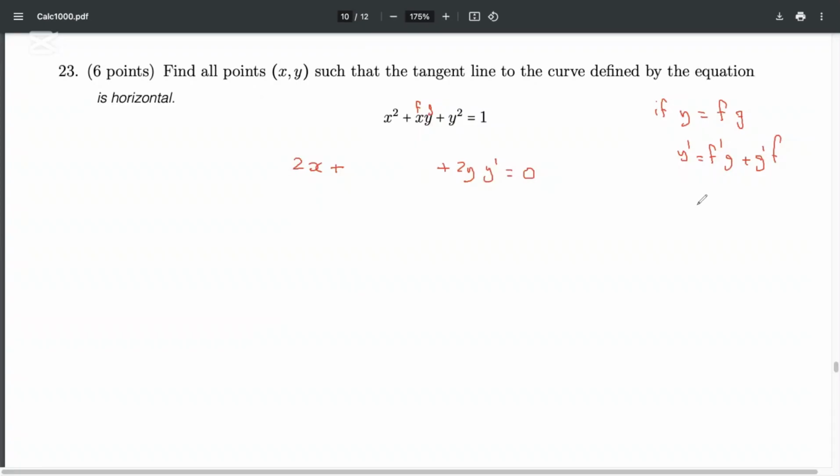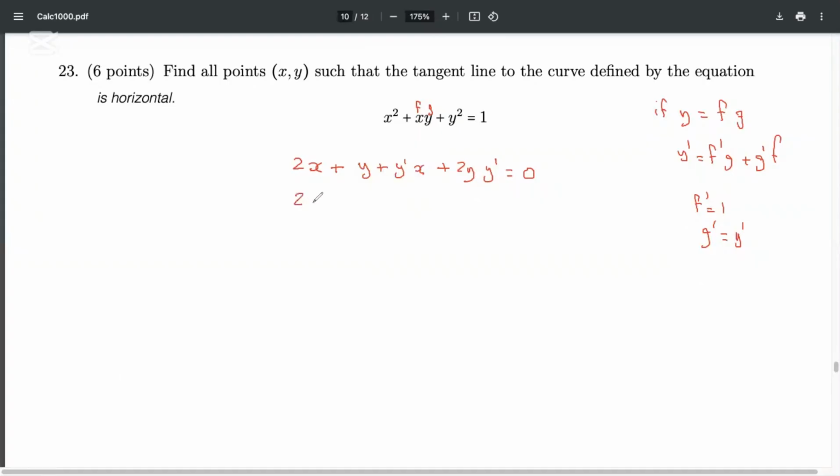Now, f prime of the x is just 1, and g prime of the y is 1 as well, but dy dx, because the derivative is with respect to x, so we're just going to write g prime is y prime. Now, here, the product rule tells me f prime, which is 1, we're just not going to write that, times g, which is y, plus g prime, which is y prime, times f, which is x.